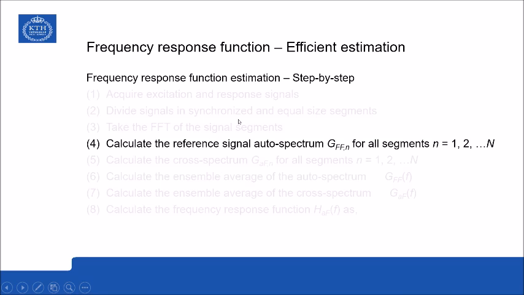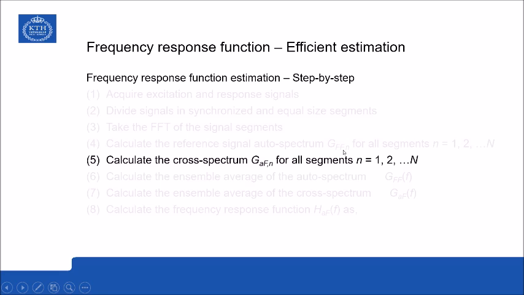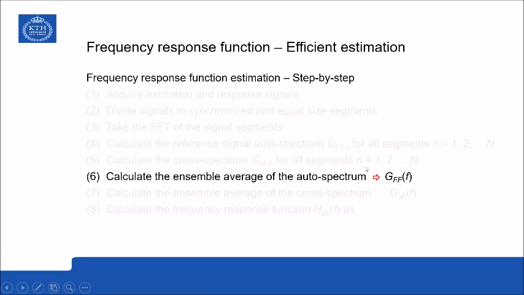Then you calculate the reference signal autospectrum for all segments, Gff in our case. Then you calculate the cross spectrum between the response and excitation for all time segments. And then you calculate the average of the autospectrum for the force, excitation.